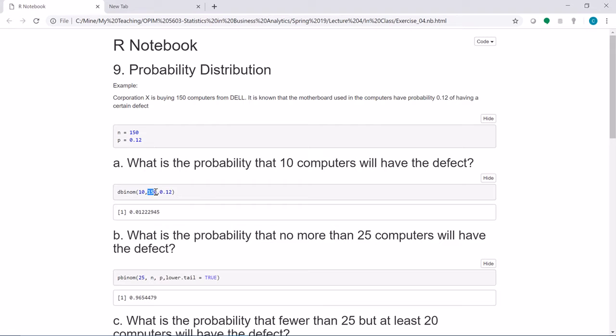Actually here we should put in n instead of 150 to be consistent, but you can have 150 directly in here also. And the probability of 0.12, where we should have p, but we can also have 0.12 directly. So this gives us the probability that 10 computers have the defect.